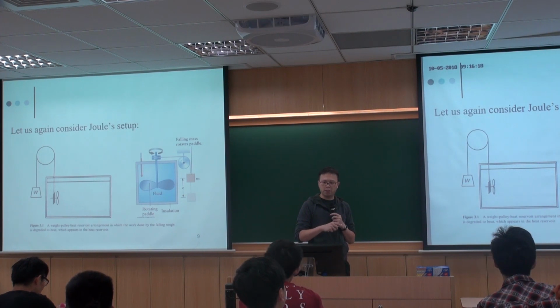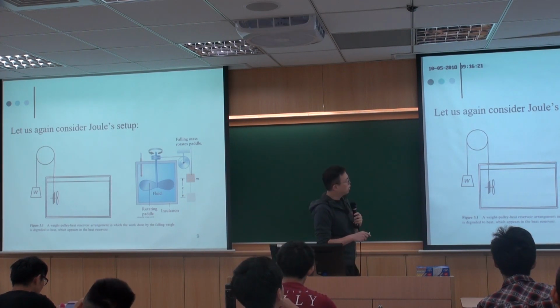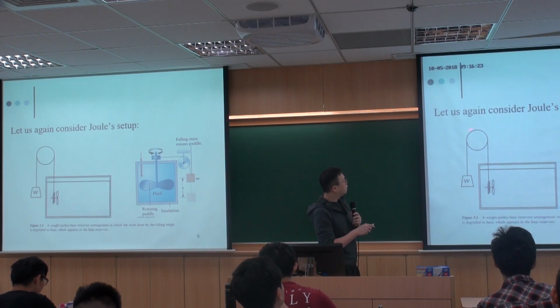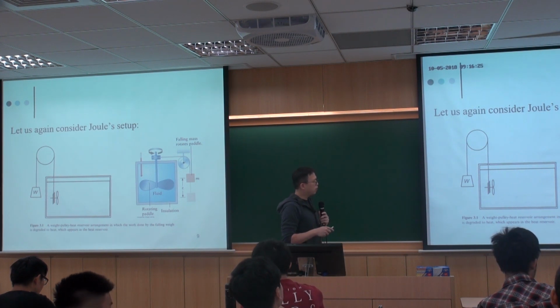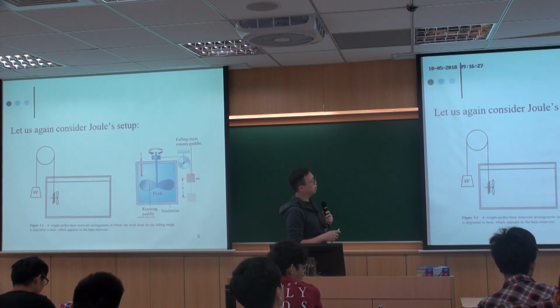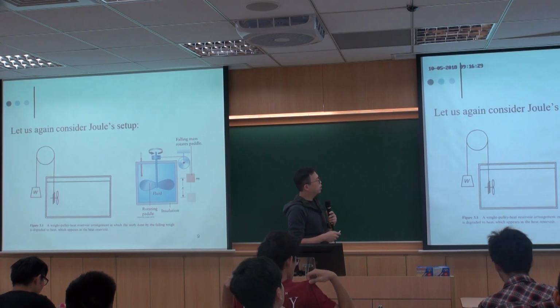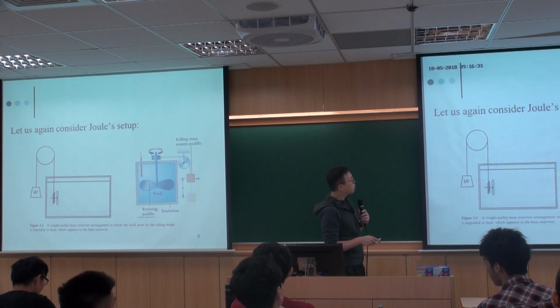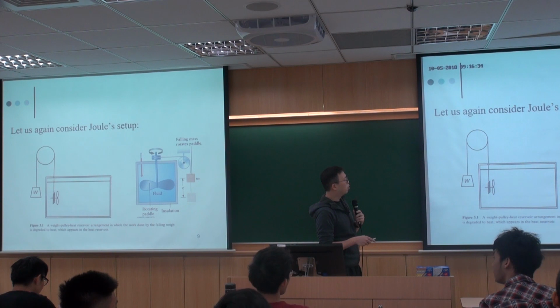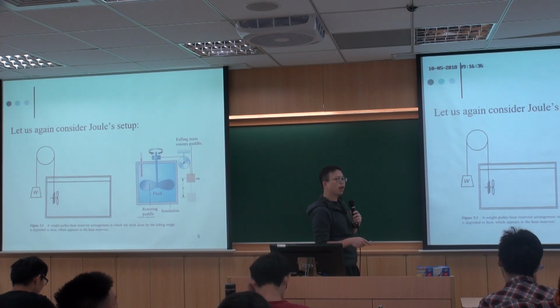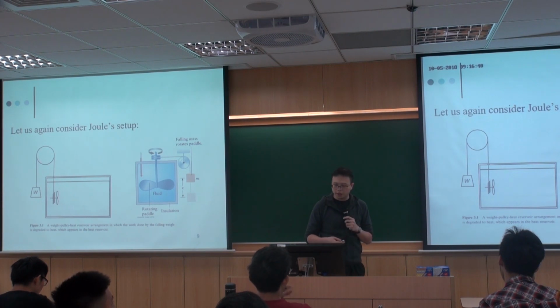We look at this example, a very similar setup to what Joule did for his experiment, where you have something mechanical that can transfer your mechanical energy into thermal energy, which is heat.